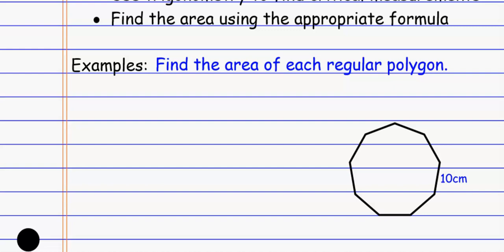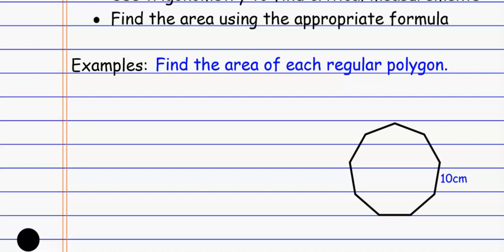But for these, I'm not going to have that luxury, all right? These aren't going to break down into those special right triangles necessarily, and so I have to use trig functions in order to find the missing pieces. So it's very similar to what we did before, but instead of using special right triangles, I'm going to have to use right triangle trigonometry.